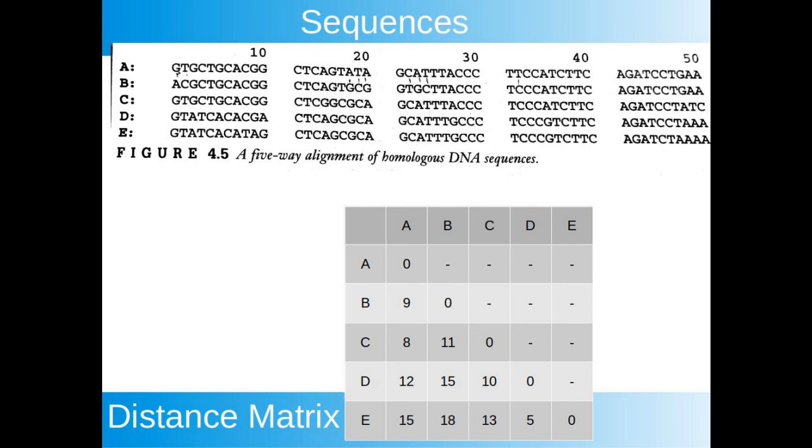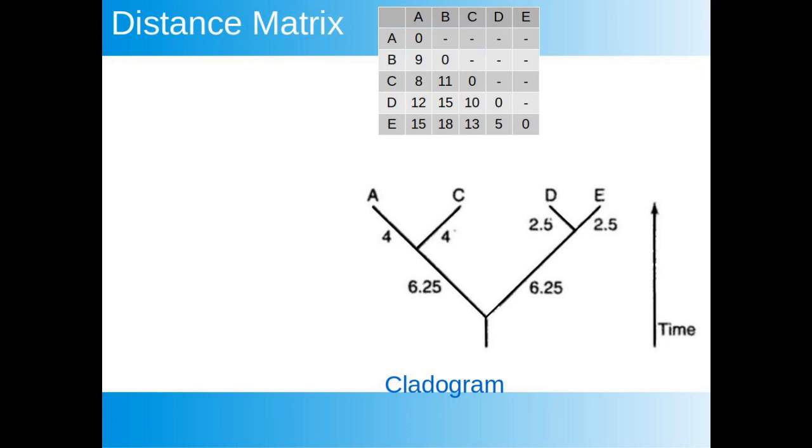From the distance matrix, the distance between species D and E is 5, and the pair of branches connecting each of those species to their common ancestor should be the distance of DE divided by 2, that is 2.5 units long on a tree with scaled branch length.